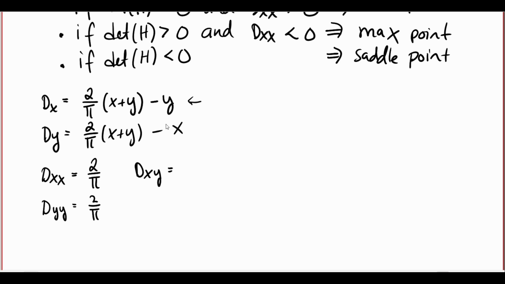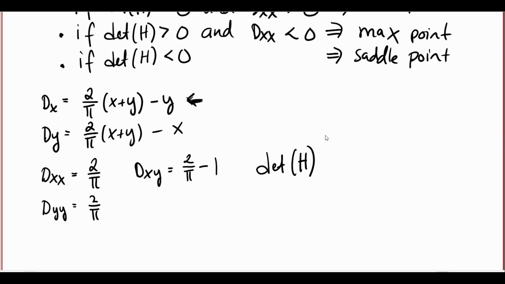Then we have to compute dxy. So we can take the first one here, and now we have to find the derivative with respect to y. So we have 2 divided by pi minus 1. Okay, and then we can compute the determinant of the Hessian matrix.